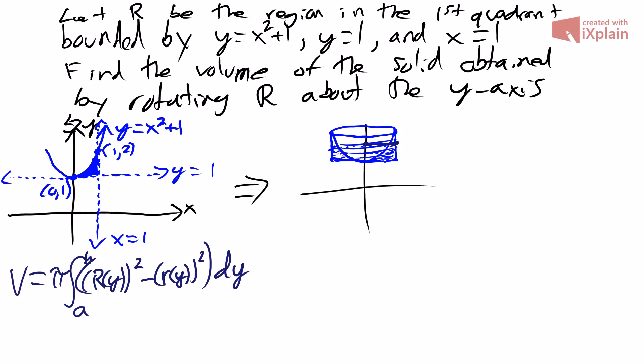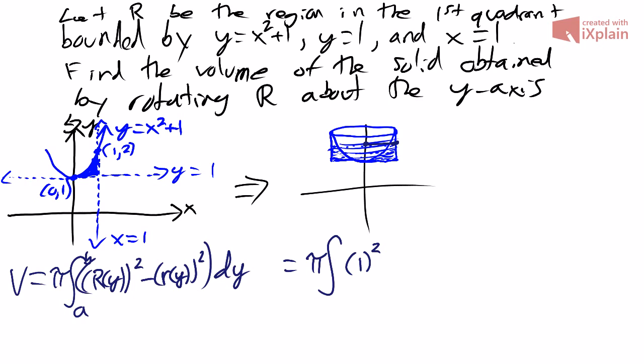So our volume is going to be pi integral, and capital R of y is just that fixed length, and that length is 1. So we're going to have 1 squared. That length is always 1. So it's kind of like a cylinder. The outside is a cylinder, and then the inside is like a bowl.